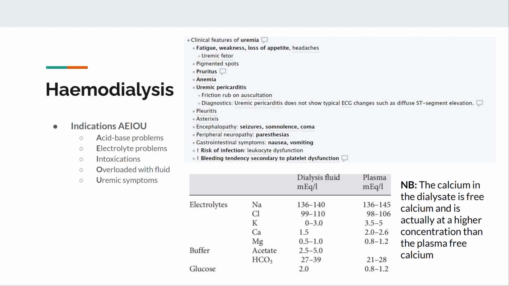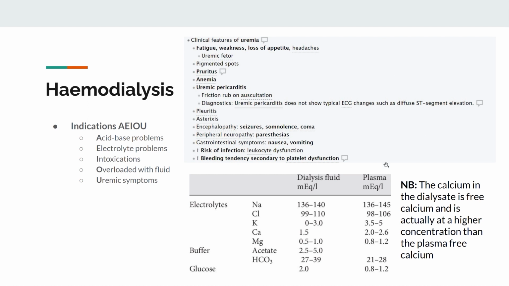Intoxication is when you're in the emergency room, that can be an acute hemodialysis indication if you've had some poison that can be hemodialyzed out of the blood, which not very many actually can. There's like a small handful. If you're fluid overloaded, so you've got pleural effusions, pulmonary edema, pericardial effusion, peripheral edema on the limbs, anasarca of the face, or uremic symptoms.